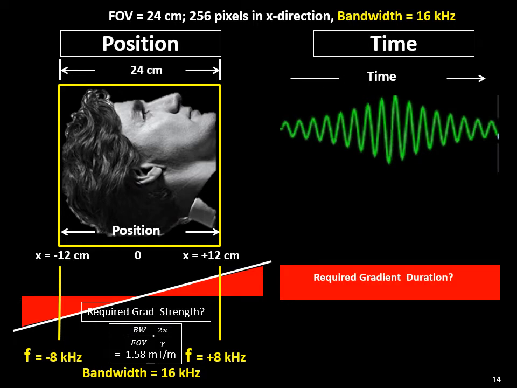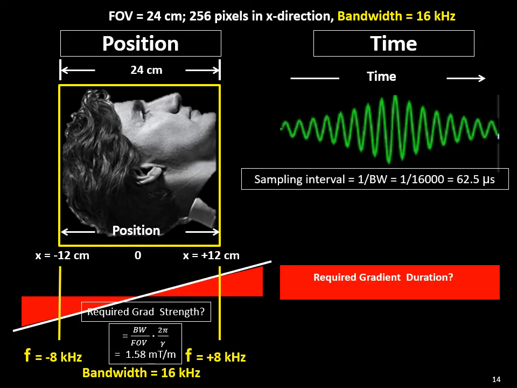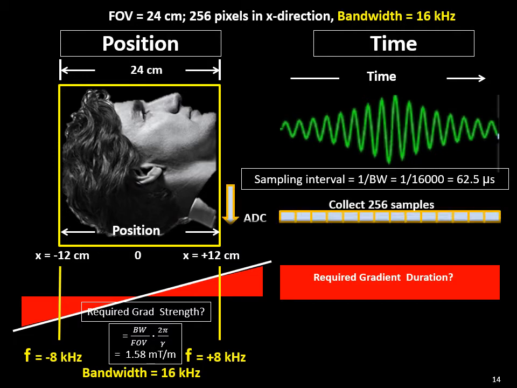How long do we have to apply this gradient? Well, recall that the sampling interval is 1 over the bandwidth, but the bandwidth now is only half as large, so the sampling interval is twice as long. It's 62 microseconds rather than 31 microseconds. We collect 256 samples.